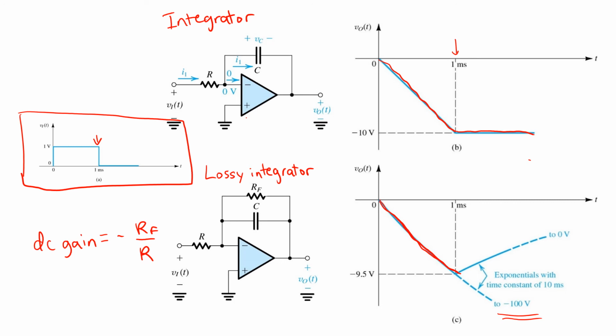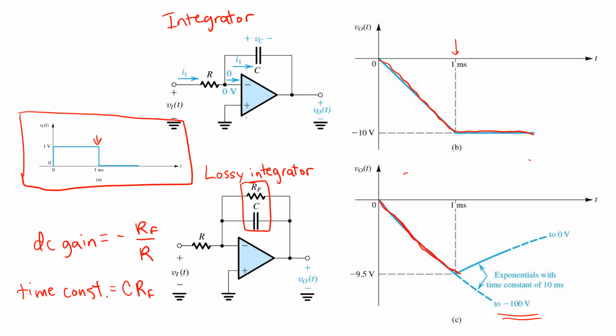And the time constant of that settling is equal to our integration time constant, C times RF.